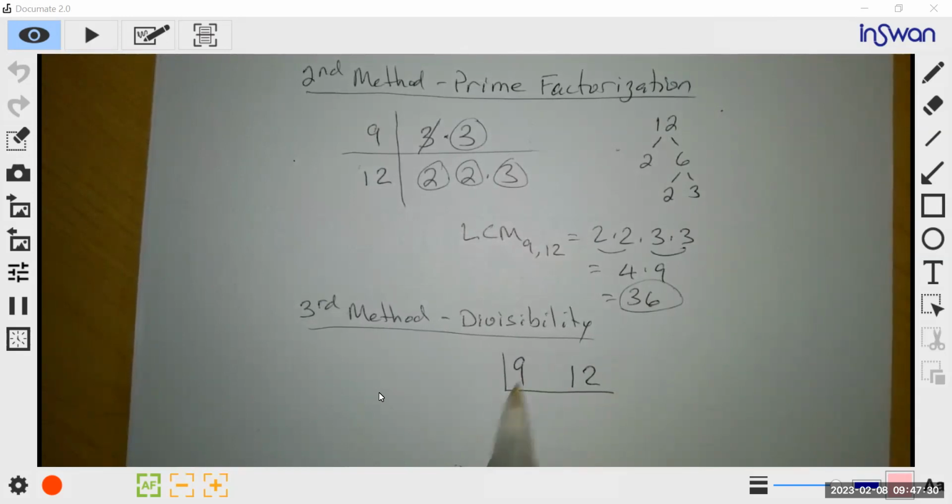So what's the smallest number that fits into 9? 3. 3 goes into 9 3 times. 3 goes into 12 how many times? 4. 3 goes into 3 1 time. 3 doesn't go into 4, so I just bring it down.